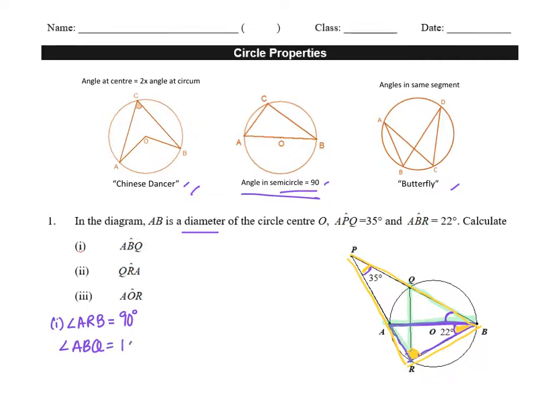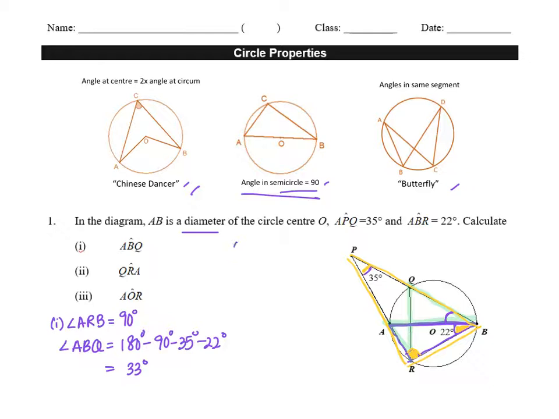That gives me 180 degrees minus 90 degrees minus 35 and 22 to give me my answer, 33 degrees. Do you know what's the reason for this property? The angle sum of a triangle.